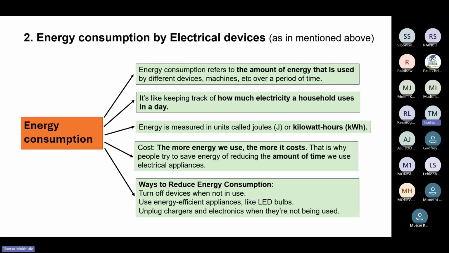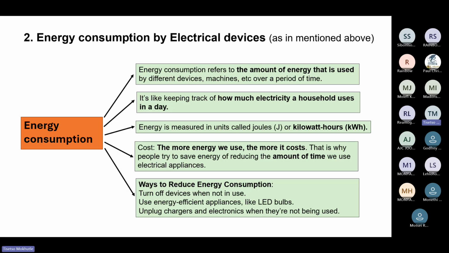Let's talk about energy consumption. Remember, a wattage can be labeled on a device. Energy consumption is not labeled. Energy consumption refers to the amount of energy that is used by different devices. It is like keeping track of how much electricity a household uses in a day.